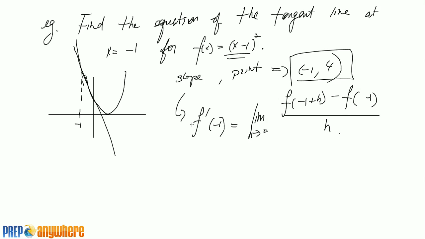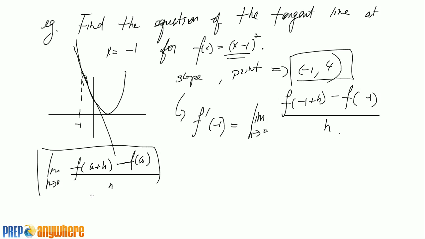Okay, so all I'm doing there is using this formula here, which is the formula we derived earlier. That's what f prime at a is, right? So I just replace the a with -1.